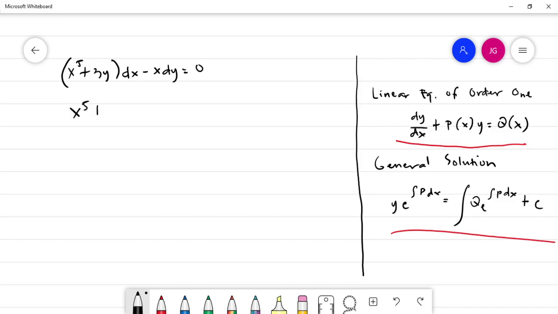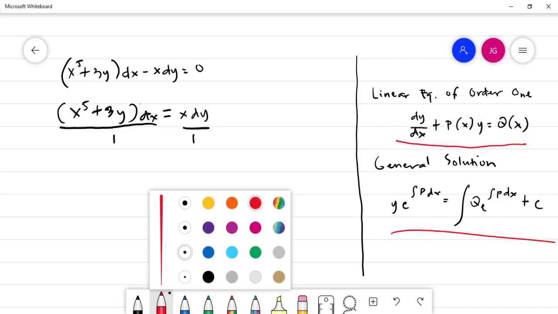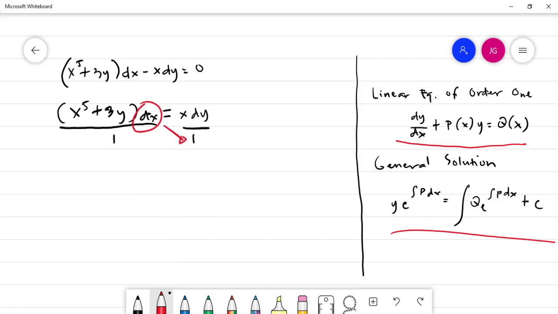So x raised to 5 plus 3y, then dx, equal to x dy. Okay, to get dy over dx, we cross multiply. So dx guys, we transpose to the right side as the denominator, and x we transpose to the left side.